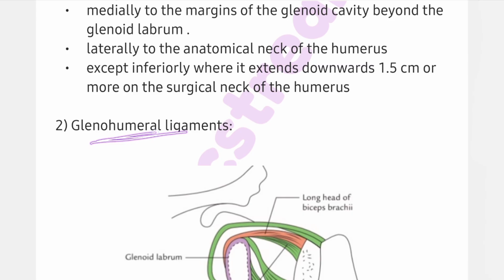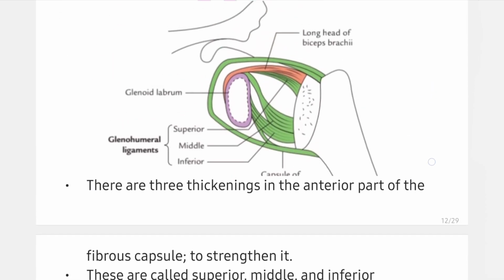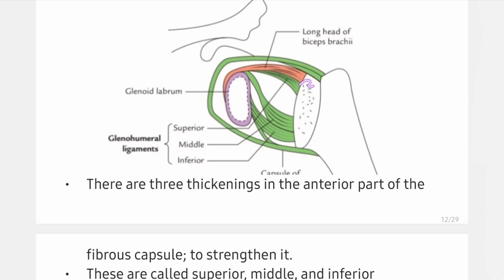Next you have the glenohumeral ligament. It is thickening in anterior part of the fibrous capsule. You have three glenohumeral ligaments, that is superior, middle and inferior. Here you have the superior, here the middle and here the inferior. Superior one helps in adduction, middle one helps in external rotation, and inferior one helps in abduction and external rotation.